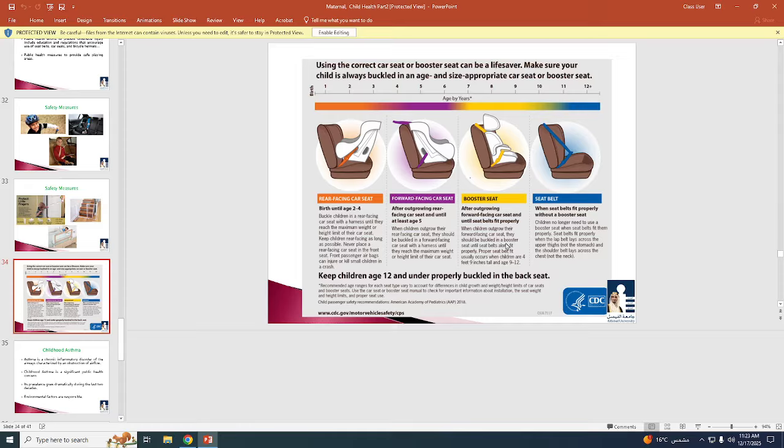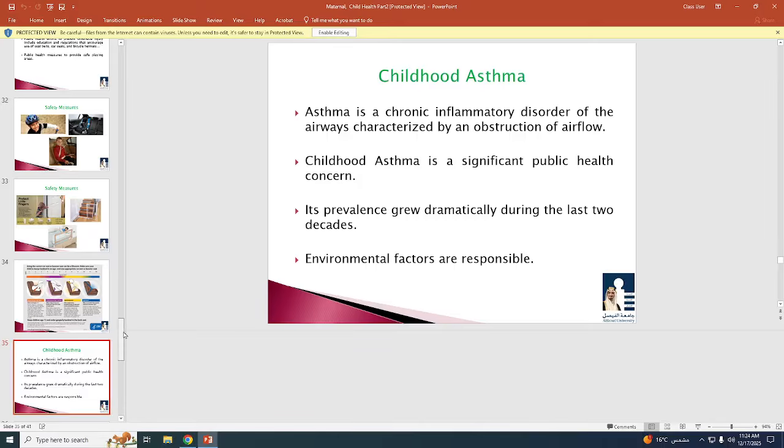After 12, the baby has to sit at the rear back seat and not the front seat, definitely with a seat belt on. So this is until 2, this is until 5, this is until 9 to 12, and that's after 12. That's what you need to know.